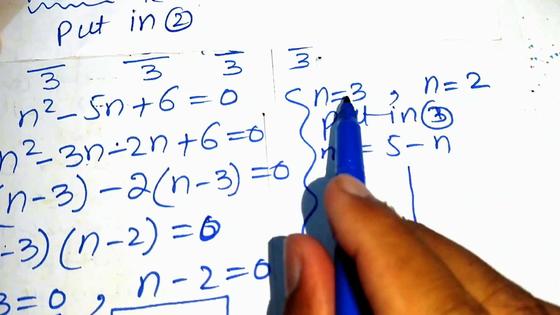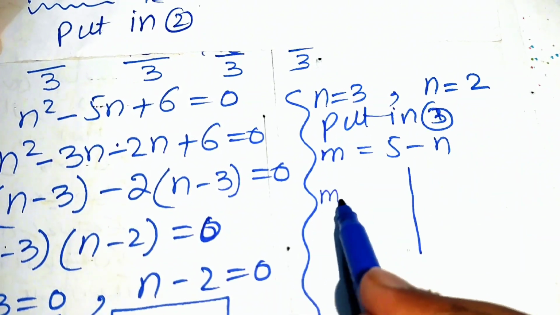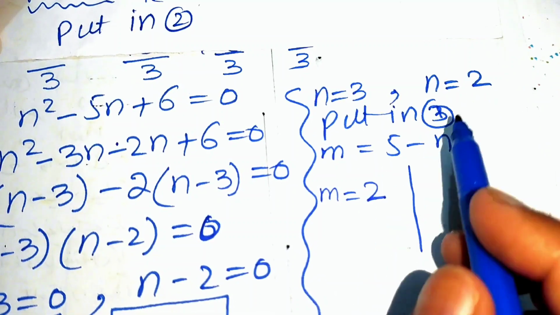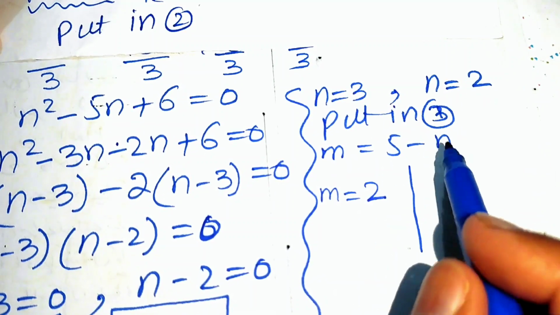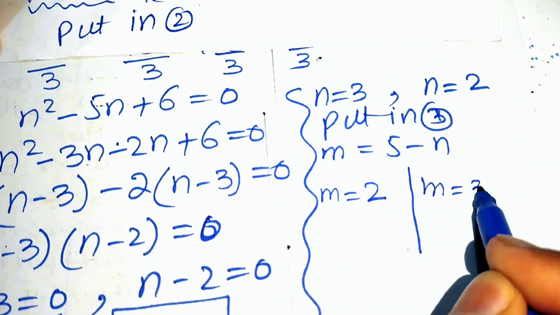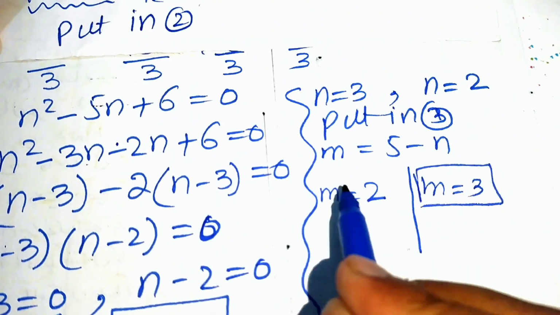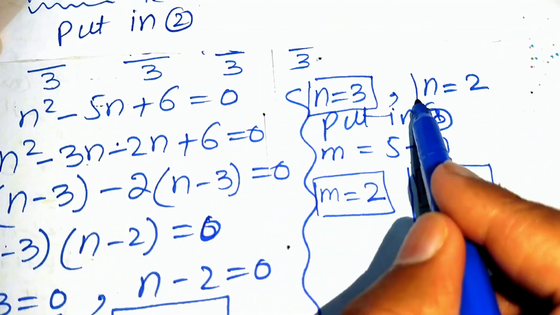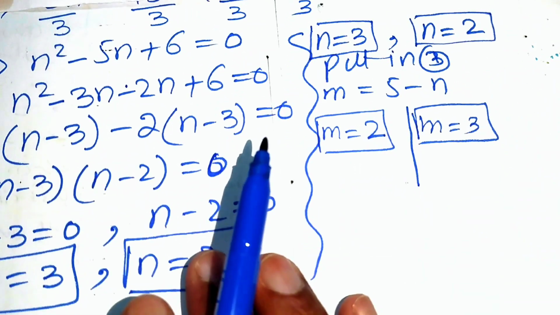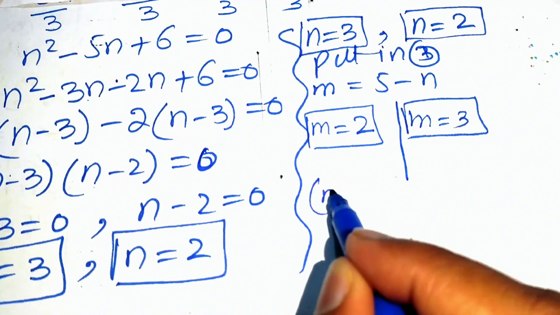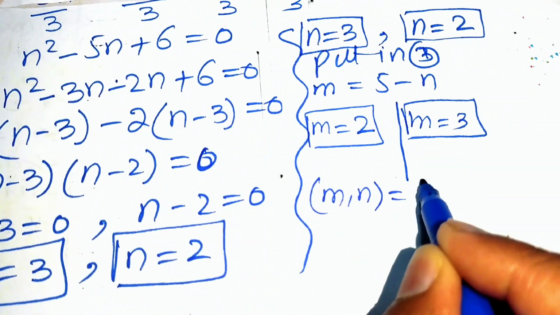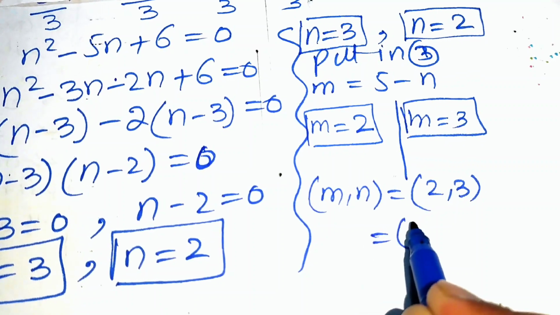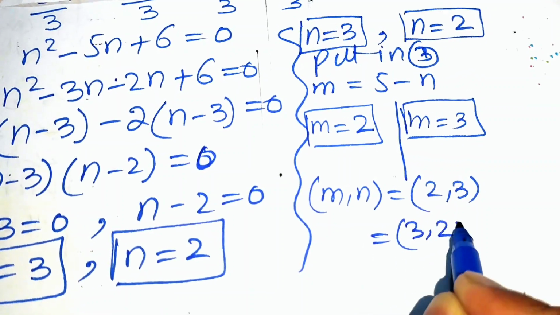When we substitute n equals to 3, we get m equals to 5 minus 3, which is 2. And when we put n equals to 2, we get m equals to 3. So these are the two values of m corresponding to these values of n. This is our final answer, in which (m, n) equals (2, 3) is the first pair, and (3, 2) is the second pair.